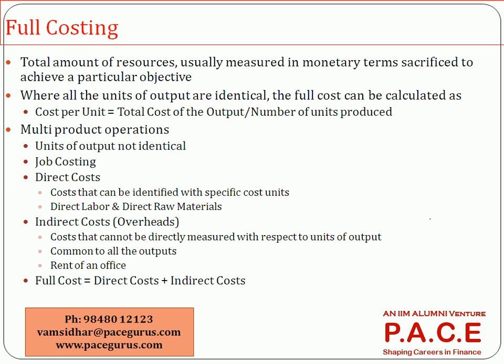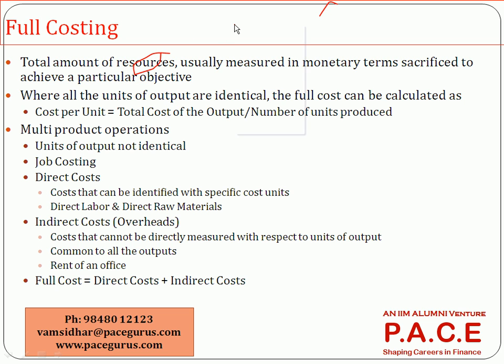The first thing we need to understand in this context is, what do you mean by full costing? As it is highlighted here, what is the total cost that is incurred for me? That is my full costing. It could be the total cost of the various resources that I have used, measured in monetary terms.